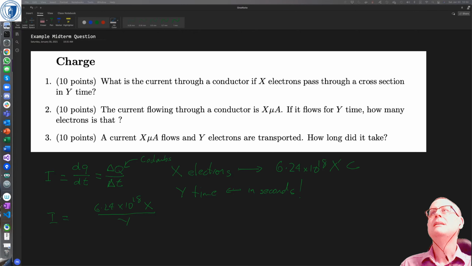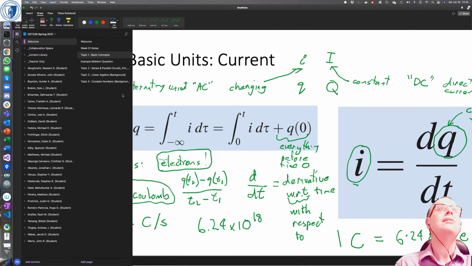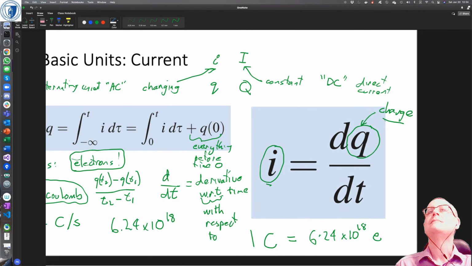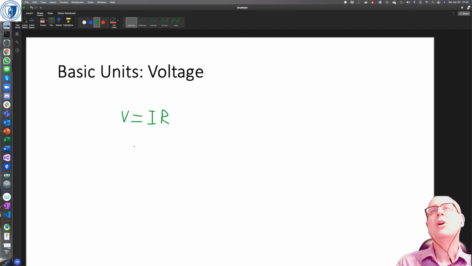Okay, let's get back to basic concepts. Much to say about voltage. The most interesting thing as far as this course is concerned is Ohm's law and the power relationship, P equals VI.